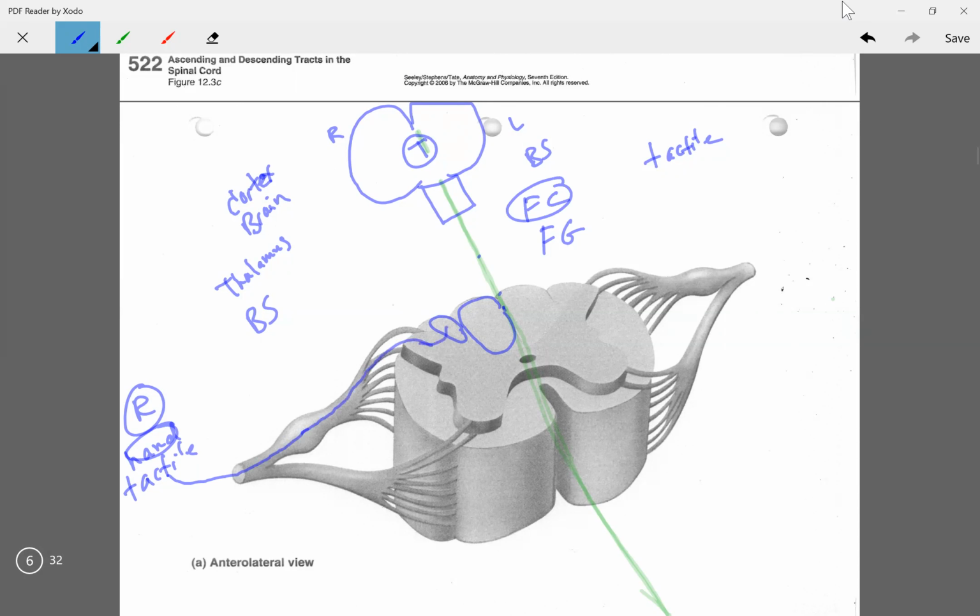It synapses on that particular tract, goes up to the brain stem, and this is where it crosses over to the other side. That's called decussation. That happens in the pyramids in the brainstem. It has to go through the thalamus and then to that part of the cortex that operates the hand.